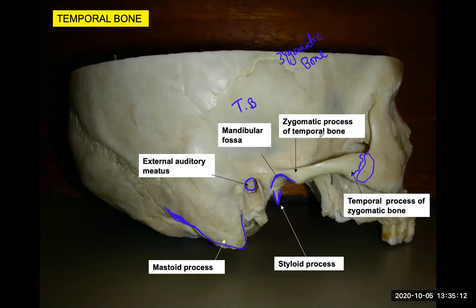So in an exam, if I ask you what is the full name for these structures, if it's asking for this part, your answer would be zygomatic process, as in going toward the zygomatic bone, but it's associated with your temporal bone. And this one is the temporal process, going toward the temporal bone, and the bone it's associated with is the zygomatic bone.